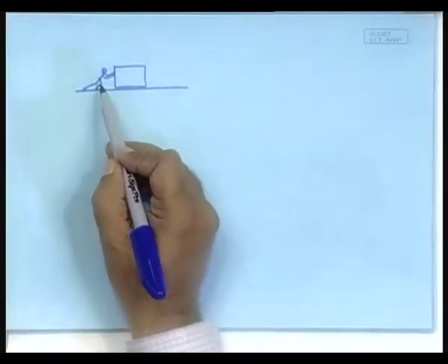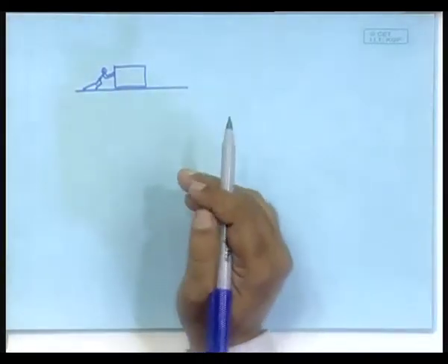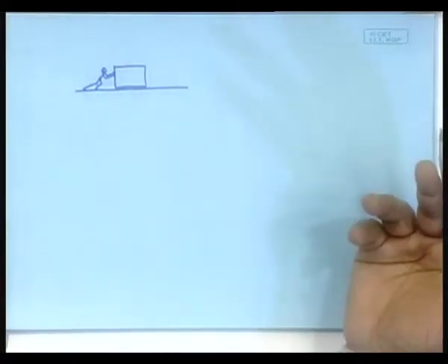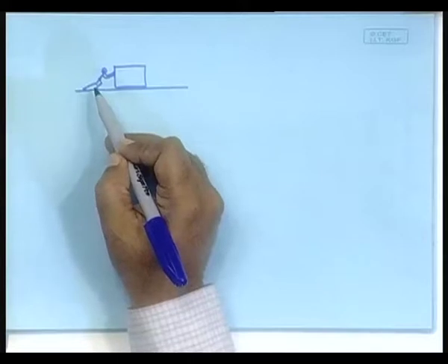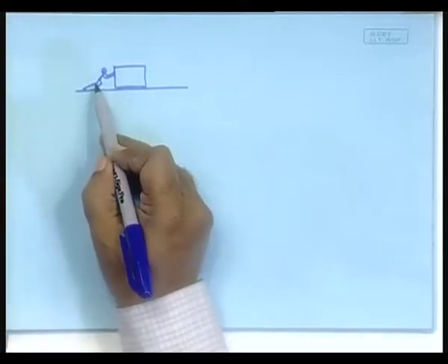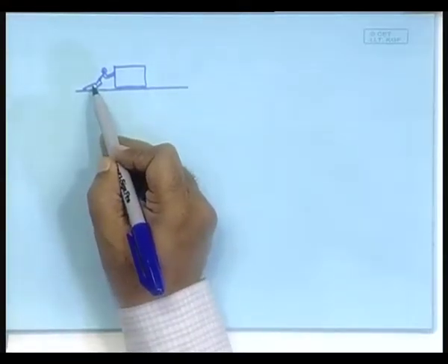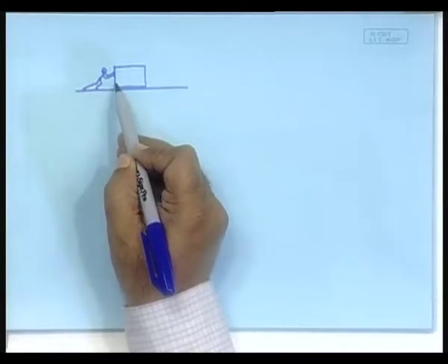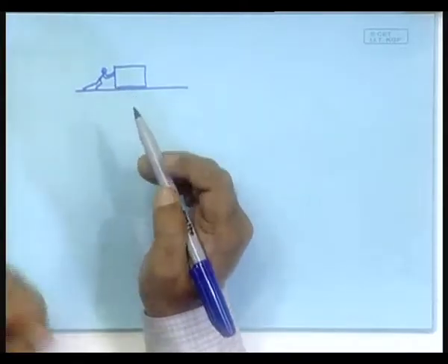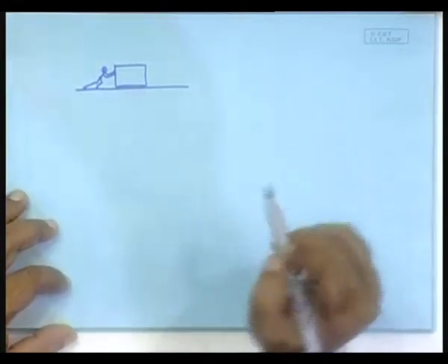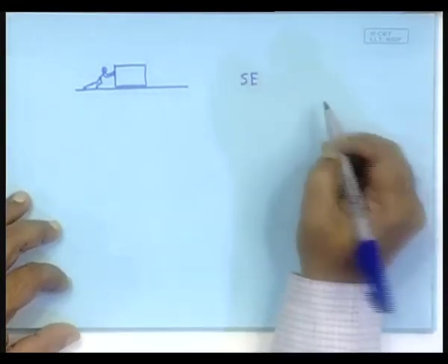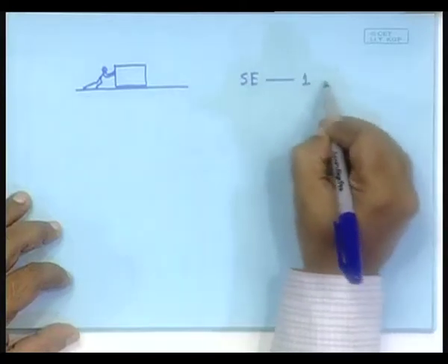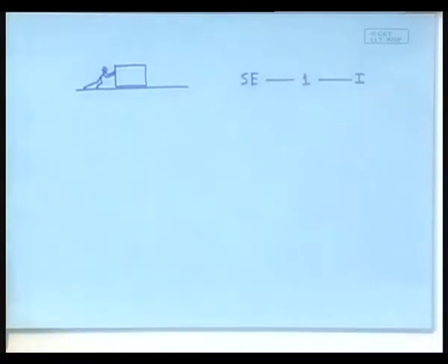Otherwise, the mass will go off his hand, the contact is lost, and the SE element no longer remains an SE element. So, in order for the SE element to remain an SE element, this poor fellow has to run with the same mass, has to share the same flow. So, its representation will be SE connected to a 1 junction connected to an I.